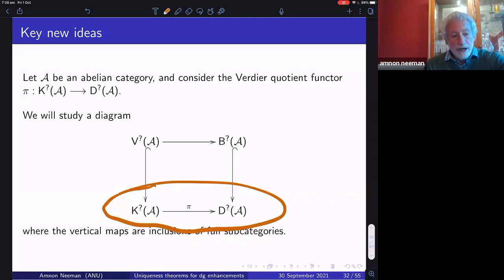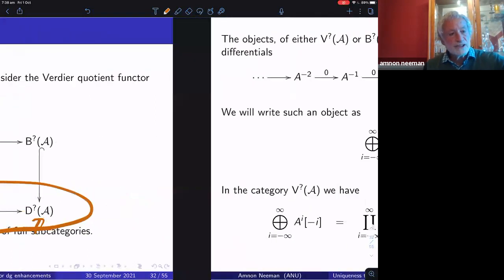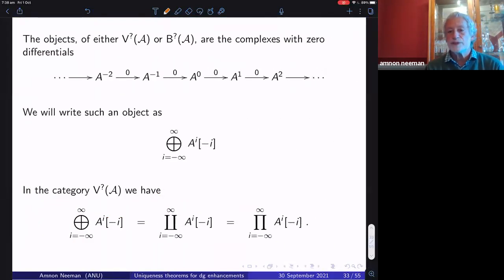So the objects in these two categories at the bottom are the same, and B of A and V of A will just restrict the objects, and the restriction is that we just take the objects where the cochain complexes have zero differentials.